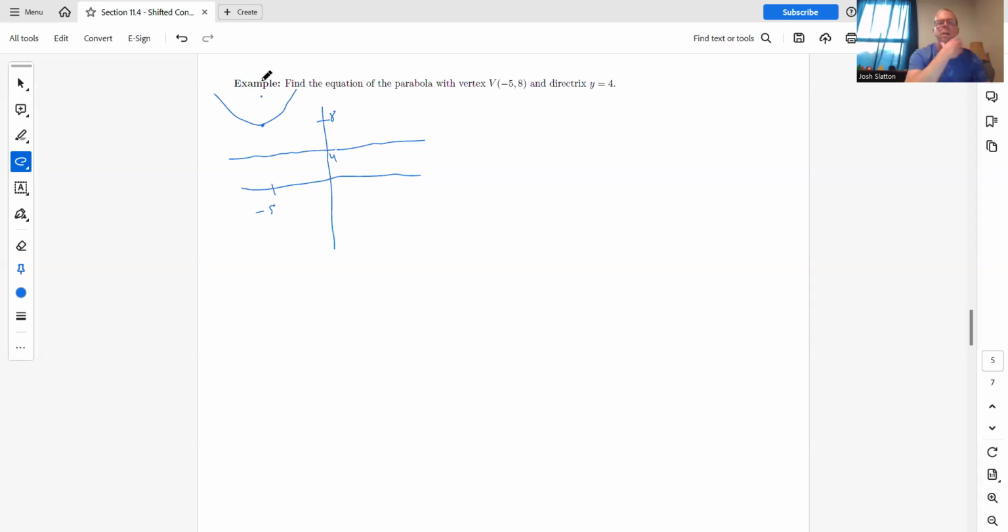And so now let's see if we can figure out what this equation is. We're opening up. That means that the x is going to be squared. We're subtracting the -5, and then we have 4p, and then y minus 8.